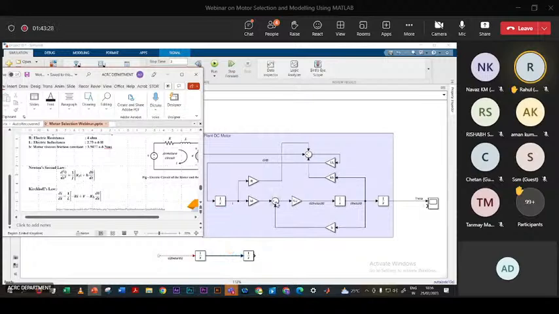So in the summer, I get my d theta, which will be multiplied by B, and the summer negative is connected to this one, my d²theta by dt², and also the Kt into i. I am taking i because it is the previous part, and also here I want di by dt.